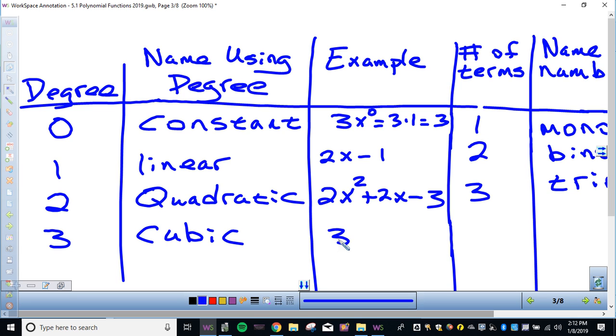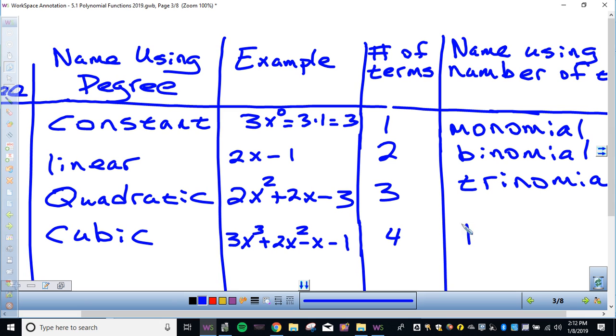So I'm going to do 3x cubed plus 2x squared minus x minus 1. How many terms? 4 terms, called a polynomial.